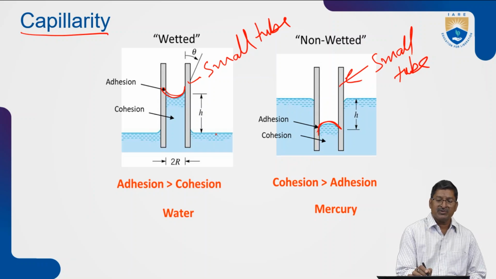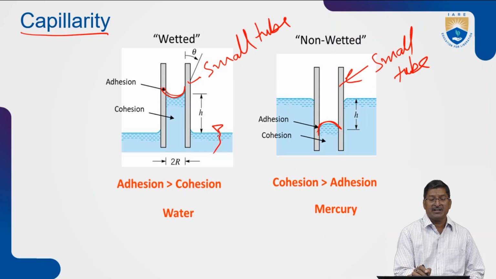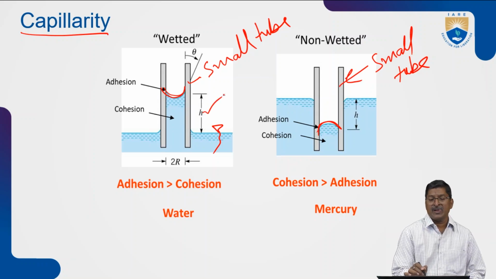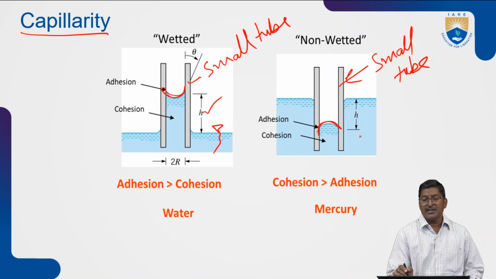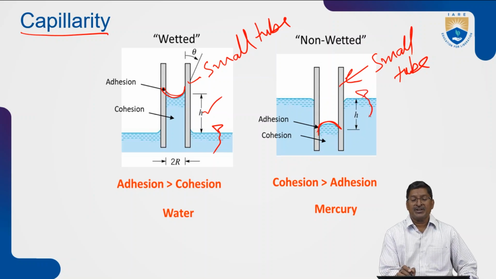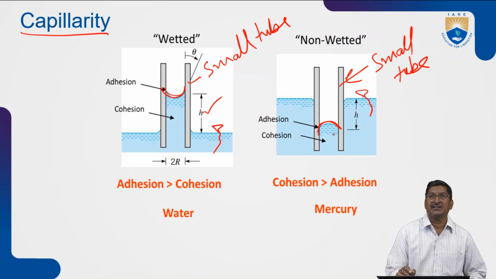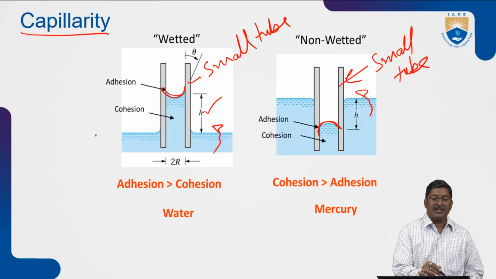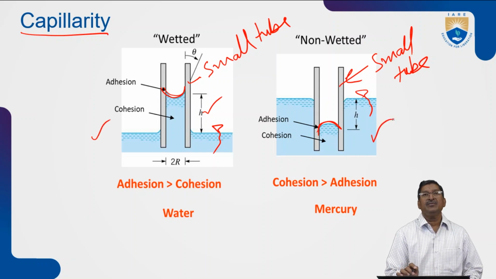And the actual surface of the liquid is here, and the liquid is rising here, which is called a capillary rise here, which is h. And here it is lower than the actual surface of the liquid. Here it is falling. That's why it is called capillary fall. This is a capillary rise, and this is a capillary fall.